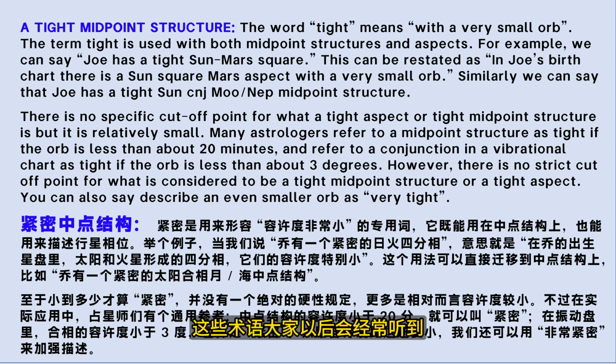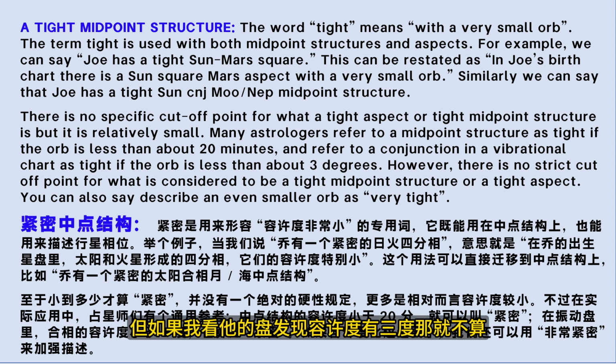These are terms you'll hear a lot. It's not specific, but people use it a lot, and it is helpful to say Joe has a tight Sun-Mars square, meaning a very small orb. If I look at his chart and the orb is 3 degrees, no. A square with a 3-degree orb is not tight in vibrational astrology.